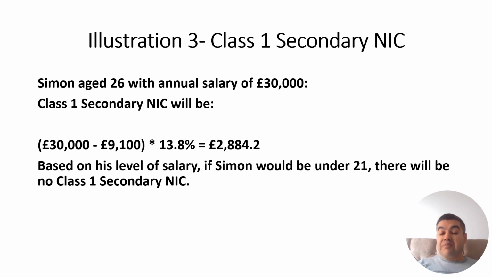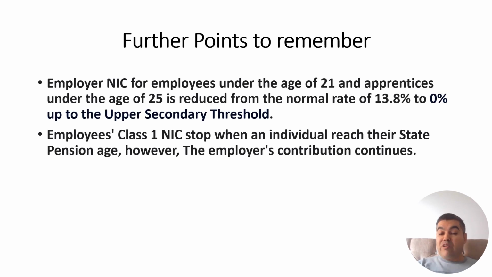And for apprentices, it's 25. So on the following screen, you can see employer NIC for employees under age 21 and apprentices under age 25 is reduced from the normal rate of 13.8% to 0% up to the upper secondary threshold. As long as his wages are less than 50,000, he will be safe.